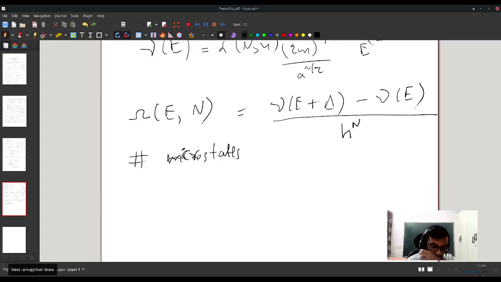Okay, so what we'll use next is the power of the thermodynamic limit. In the limit when the number of particles we have is very large, then the phase space dimension would be very large.